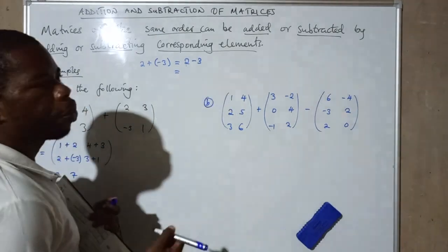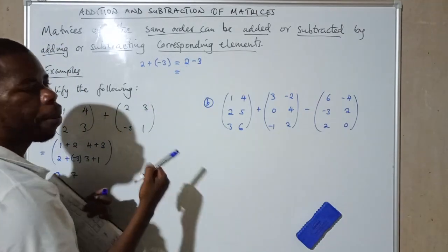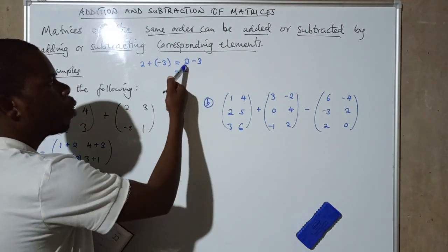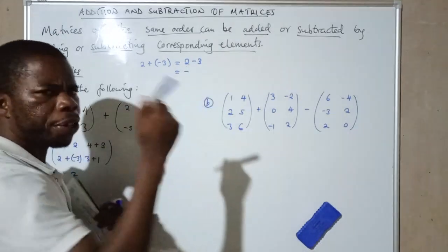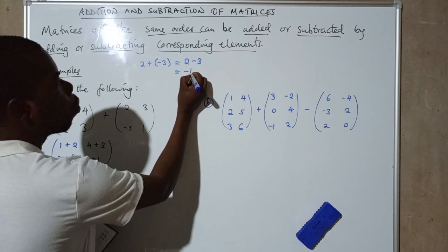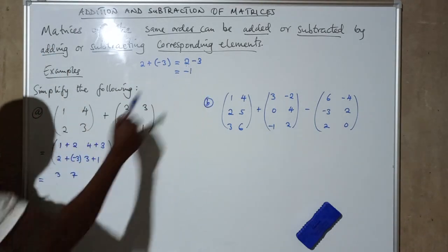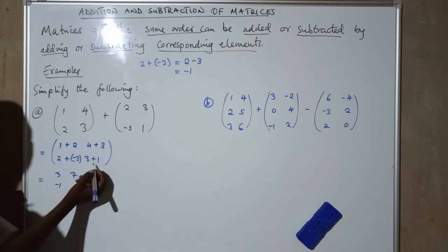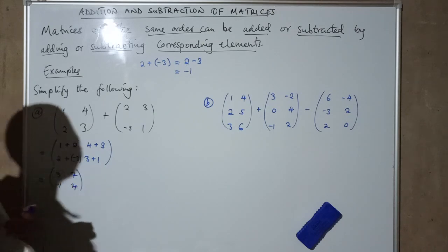Whenever you're subtracting a bigger number from a smaller number, just know that the final answer should be negative. Then you just say 3 minus 2, which is 1. So here we'll have negative 1. Then here we'll say 3 plus 1, it will be 4. So this will be the answer here.